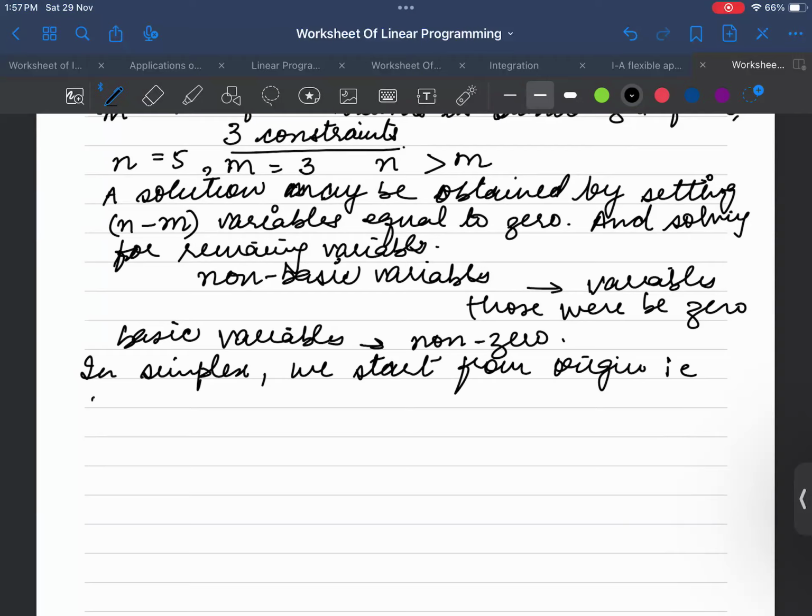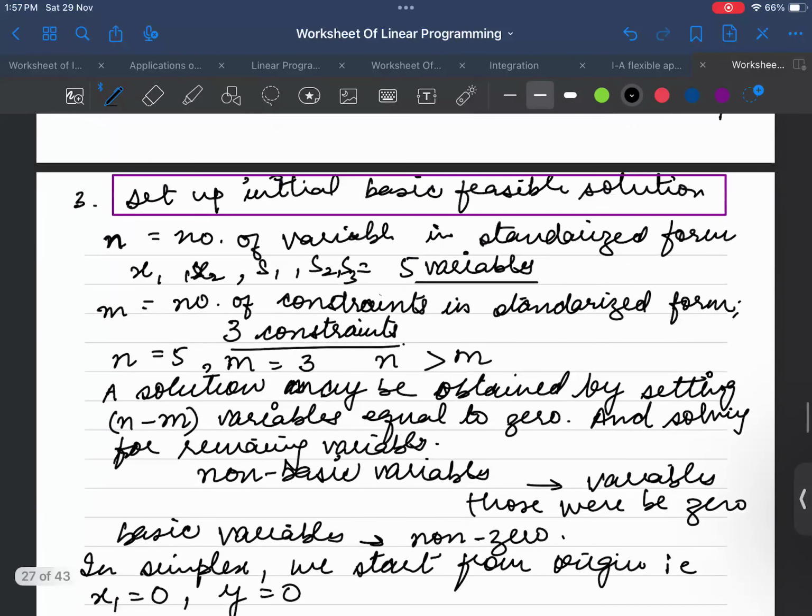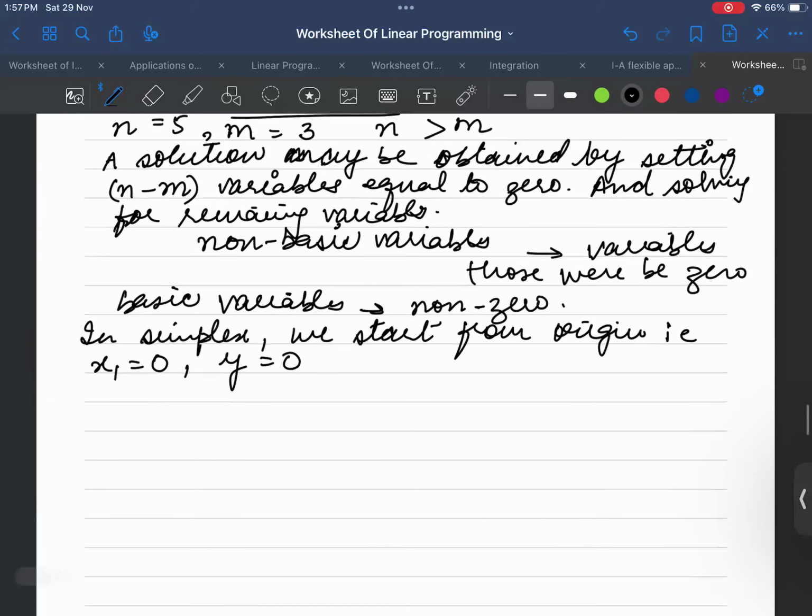That is, we are keeping x1 equal to 0 and x2 equal to 0. Over here it's not x2 in our question, it's y. We are keeping x equal to 0 and y equal to 0. In that case, we put these values of x equal to 0 and y equal to 0.